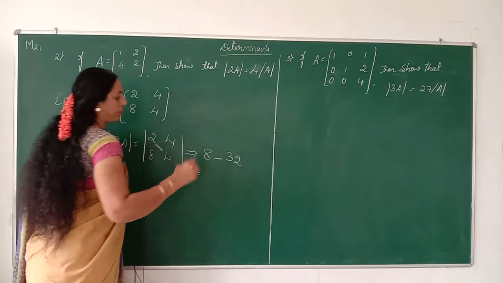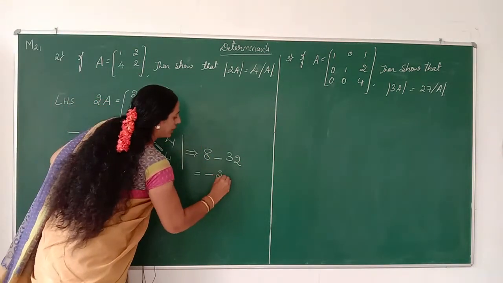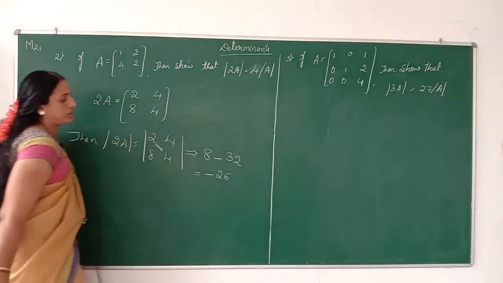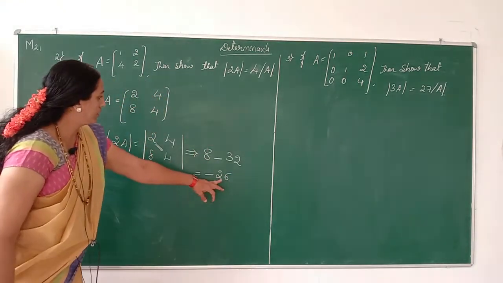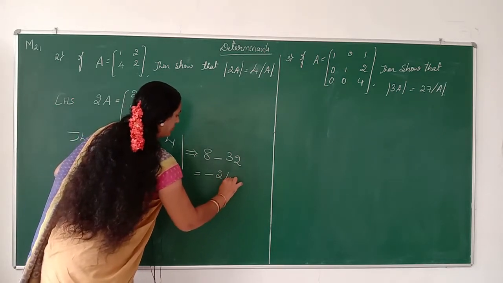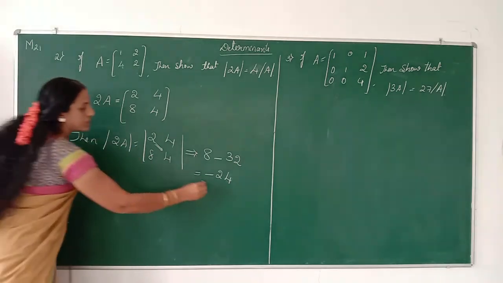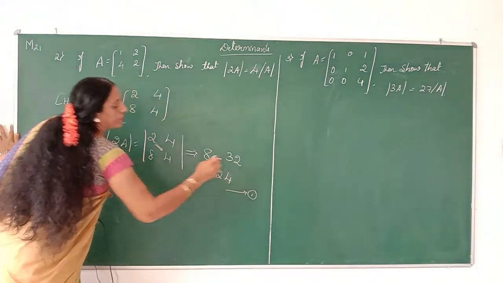So 8 minus 32 is nothing but minus 24. That is the LHS, and let it be called equation 1.